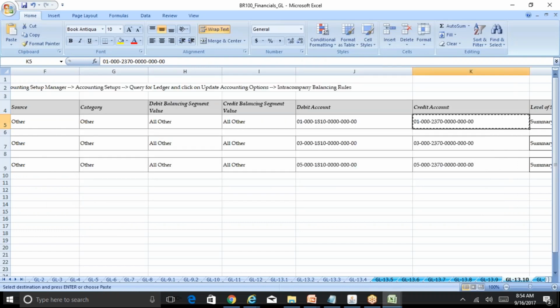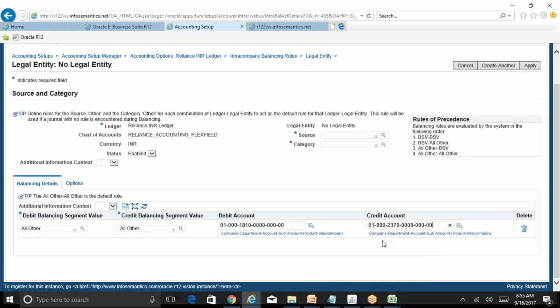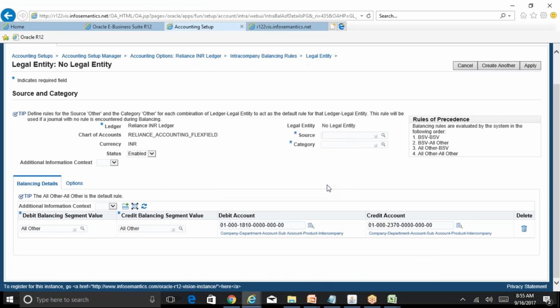Arvind, quick question. Once you finish, probably you can just highlight a few points on that. Maybe it's a very silly question also. How do you know this debit refers to intercompany receivable and credit refers to intercompany payables? From an accounting perspective, intercompany receivable shows the debit balance and intercompany payable shows the credit balance.